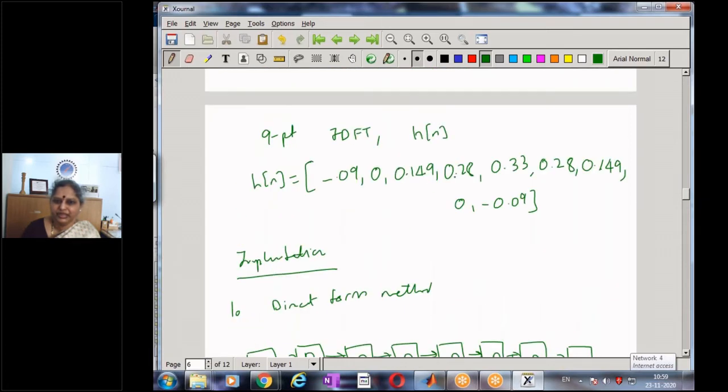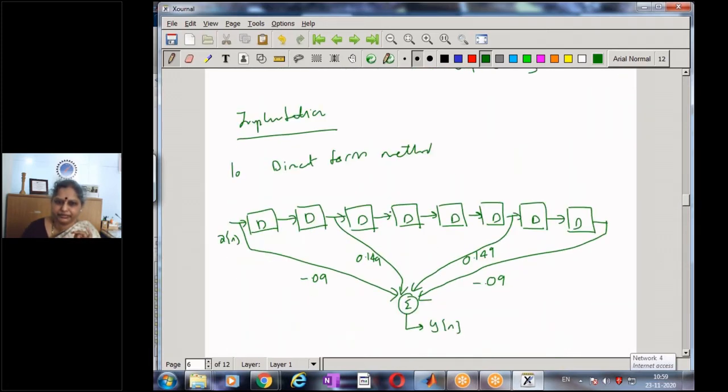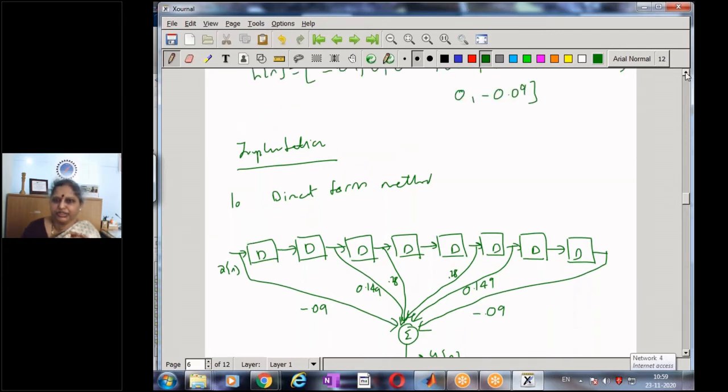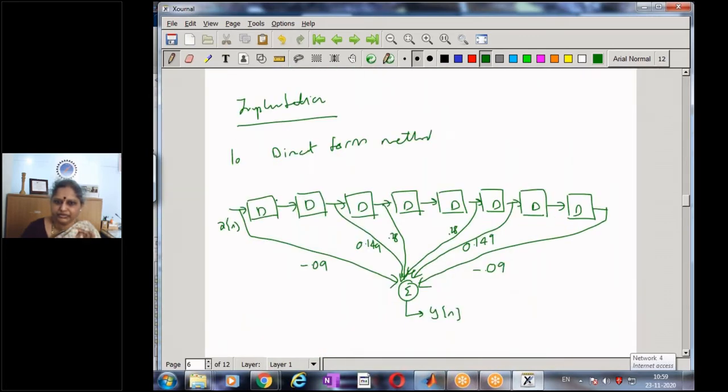The next value has a gain of 0.28. So this and this, both of them have a gain of 0.28, and then the middle value has a gain of 0.33.